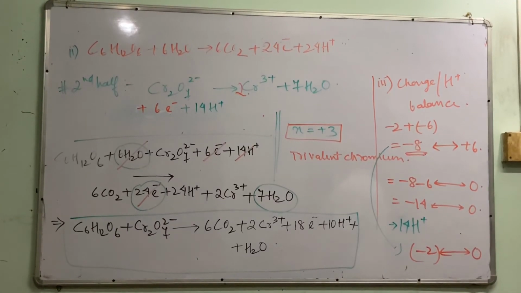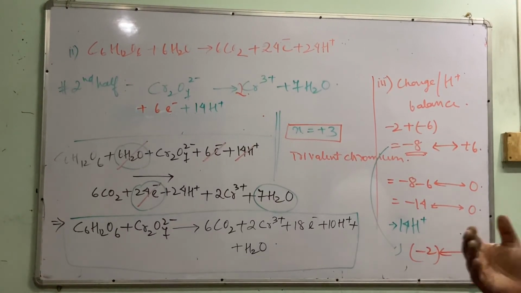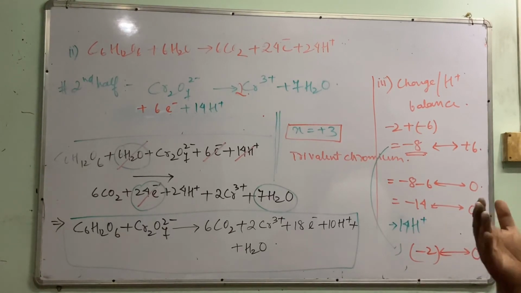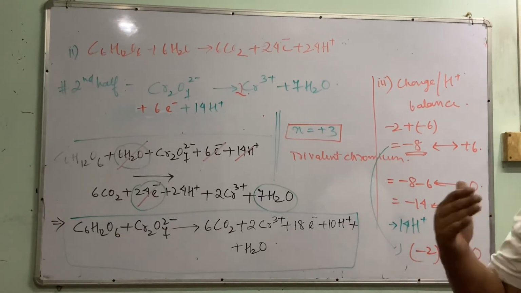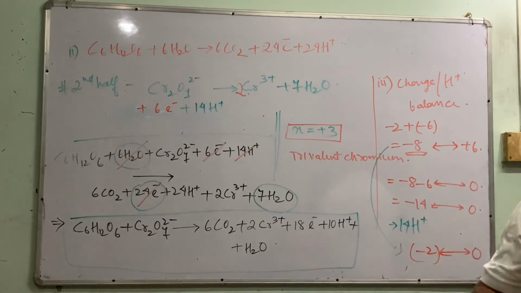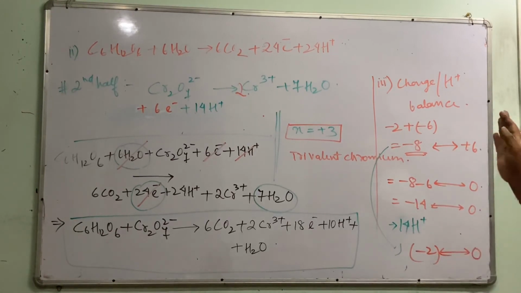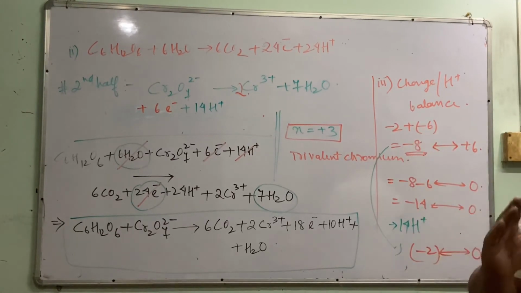Number third is the left side, right side. You have to check, and extra electrons have to be negated by addition of proton, H plus. Third step. Fourth step, left and right you check, and you add the water molecules automatically.